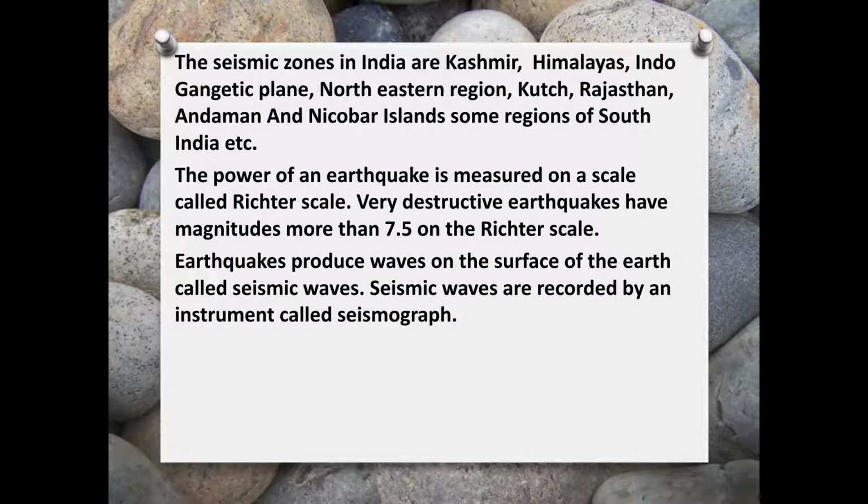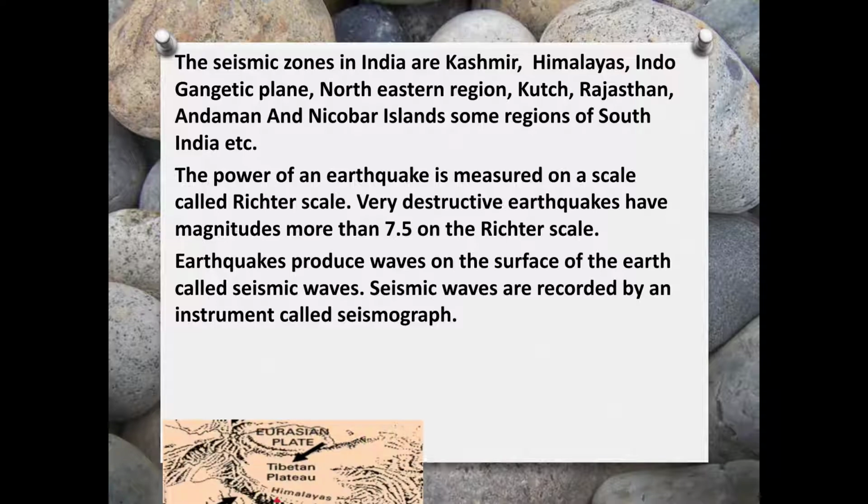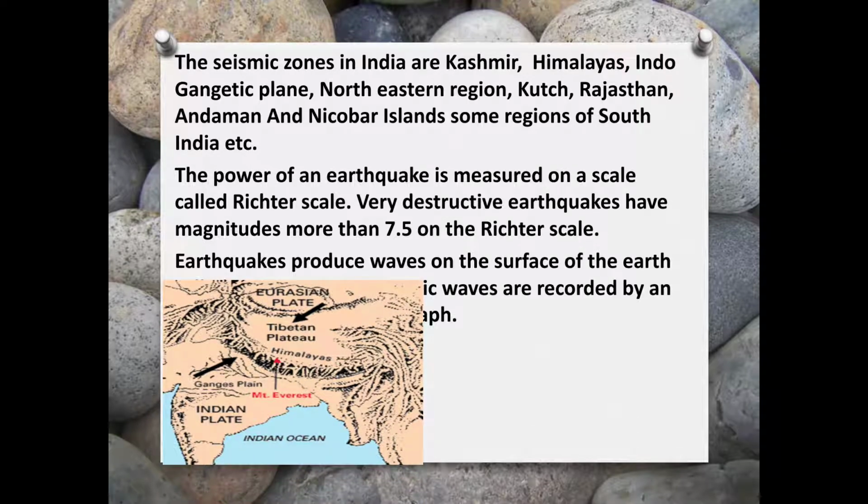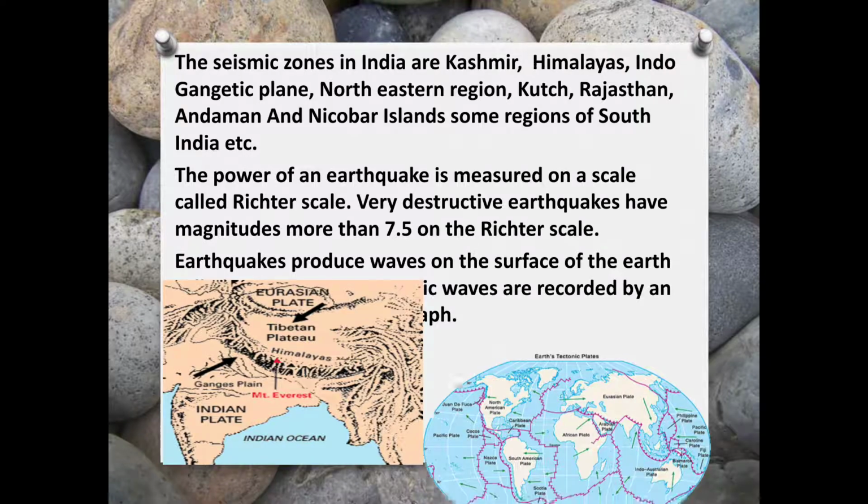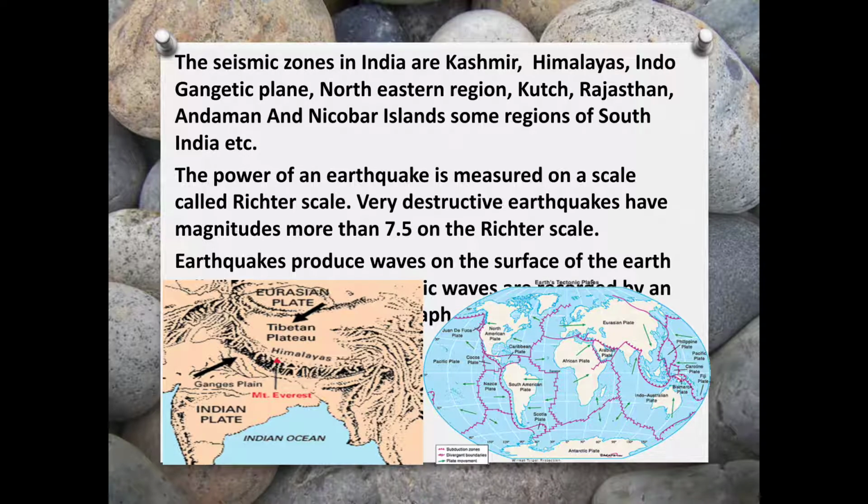Earthquakes produce waves on the surface of the earth called seismic waves. Seismic waves are recorded by an instrument called a seismograph. I'll show you the image of a seismograph. So these are the zones which are there. In the second image you can see all these purple colored lines.